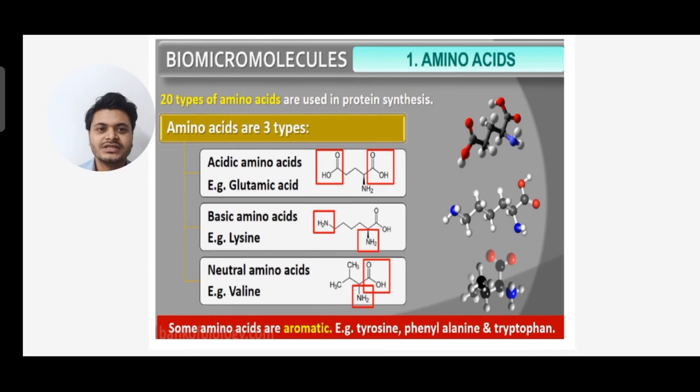And in a neutral, there is one carboxylic and one amino group. So the more carboxylic groups in an amino acid, it is called acidic; the more amino groups NH2, it is called basic; and neutral is one carboxylic, another amino group.